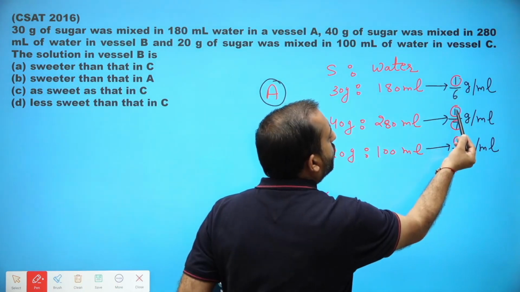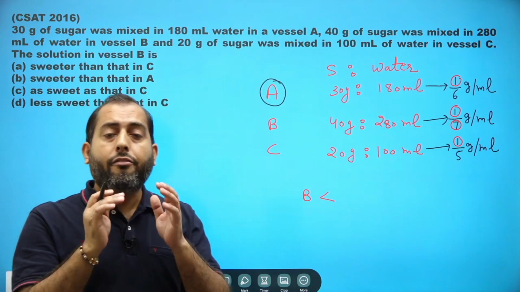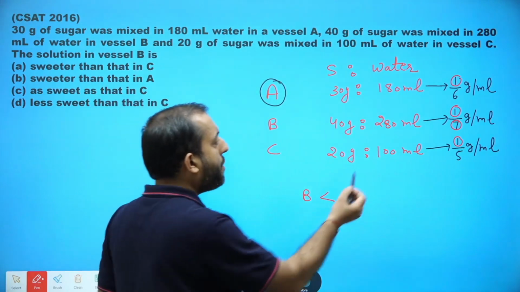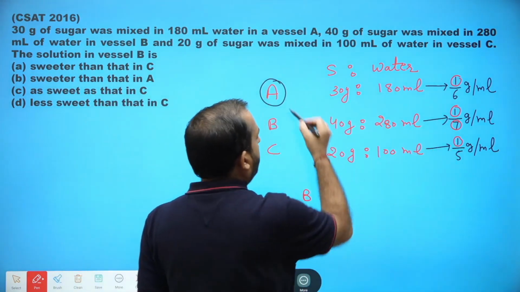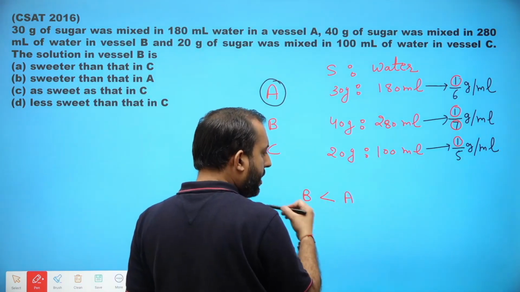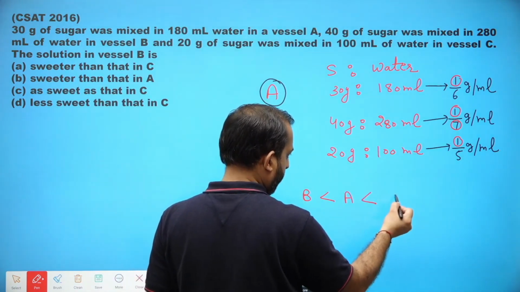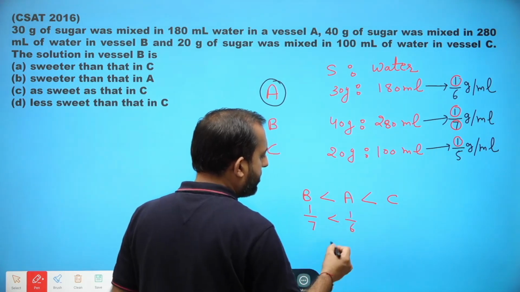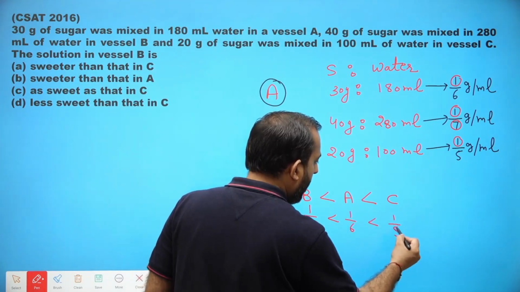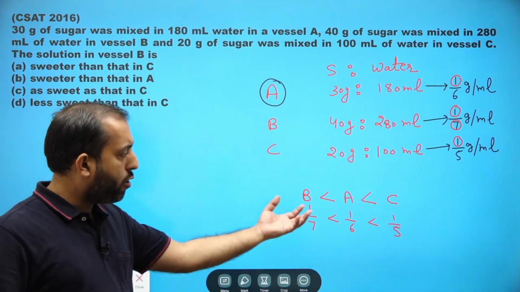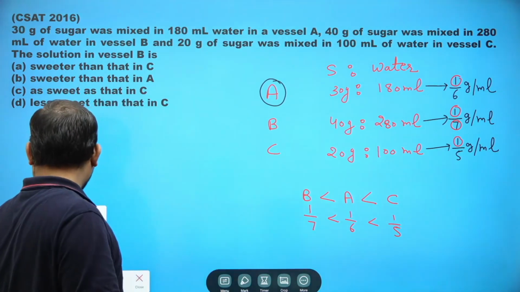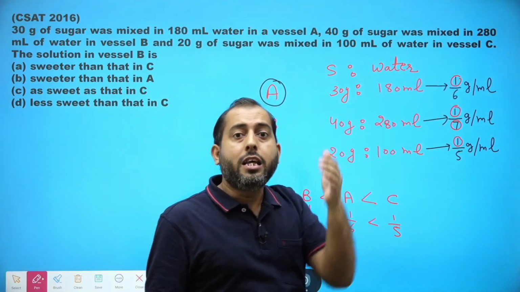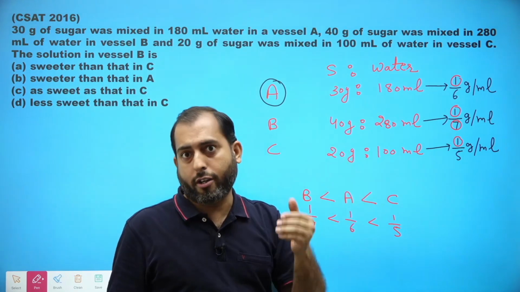Since the numerators are the same, the fraction with the highest denominator should be minimum. So 1 by 7 will be the minimum value, 1 by 6 the next greatest, and the greatest of all should be 1 by 5, which is C. Now, lesser the concentration, lesser will be the sweetness of sugar.